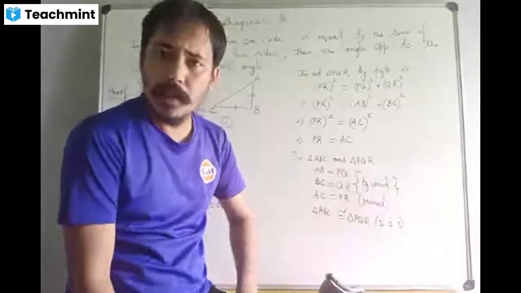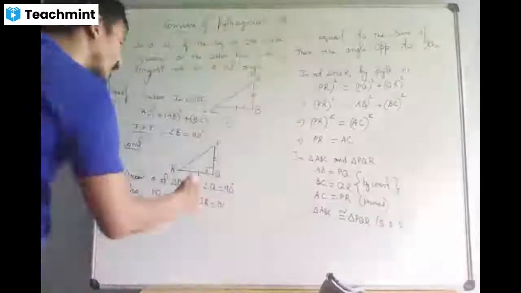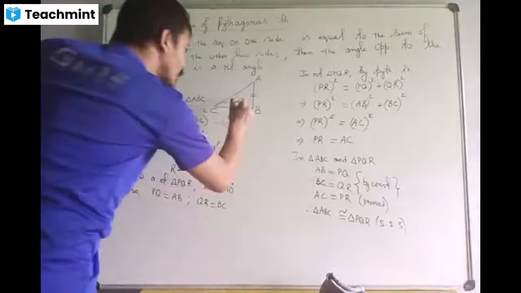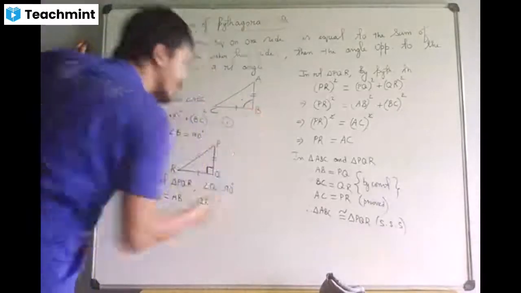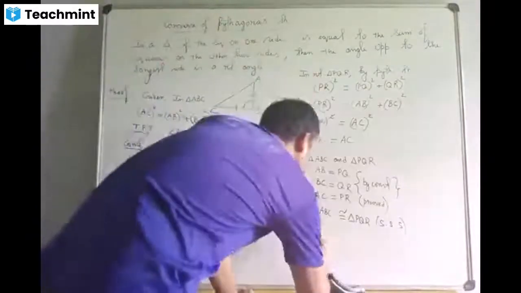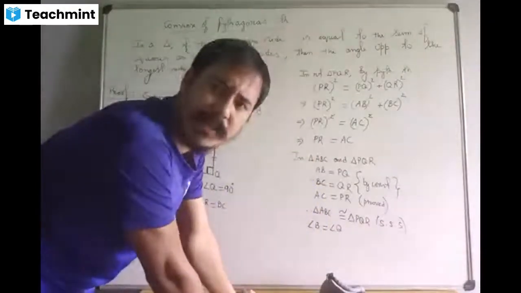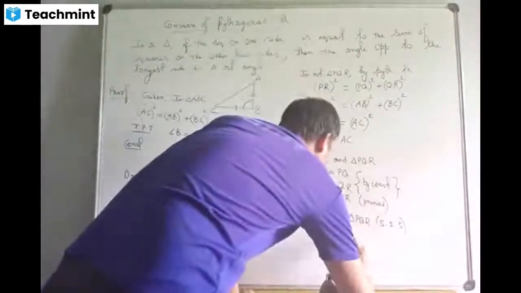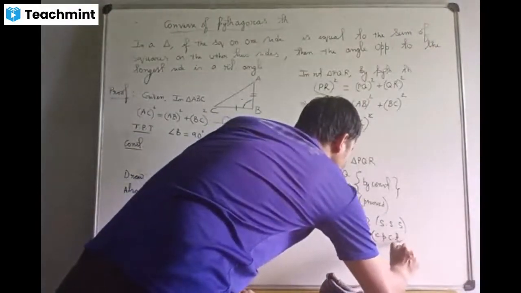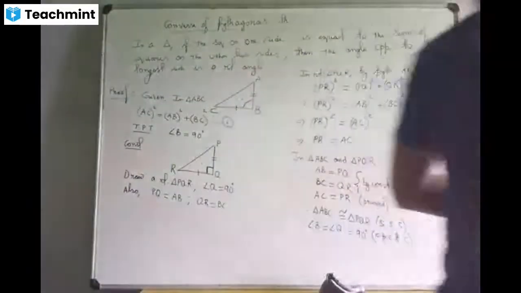If they are congruent, then all their corresponding angles will be equal. Here, the angle Q of this triangle PQR corresponds with this angle B of your triangle ABC. So this gives you angle B and angle Q to be equal. And since angle Q is 90 degrees, angle B will also be 90 degrees. That is your CPCTC.